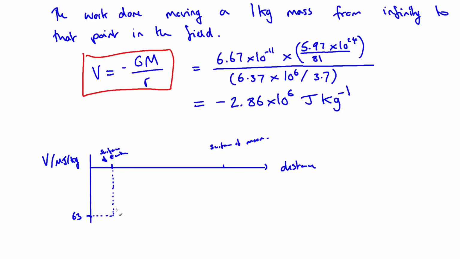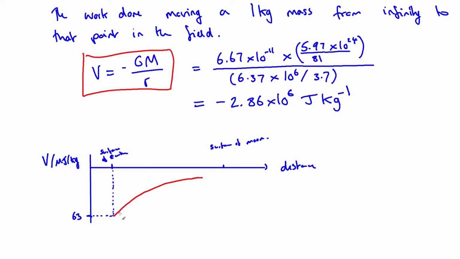Obviously it'll become less negative, so the gravitational potential is actually increasing as you move away from the surface, and therefore it will curve away like this. But you will reach a point as you come towards the Moon where the mass of the Moon will start to kick in, and so as you move closer to the Moon, again it will start to lose gravitational potential energy.